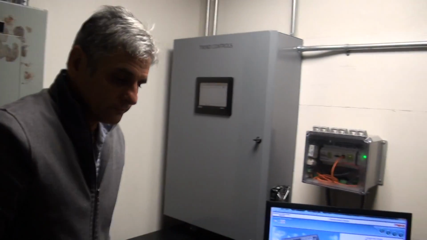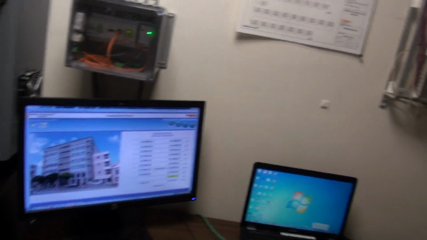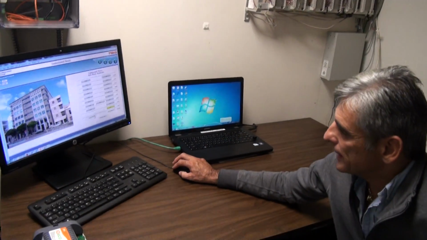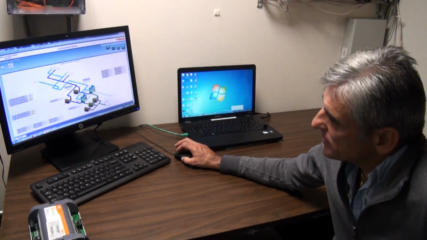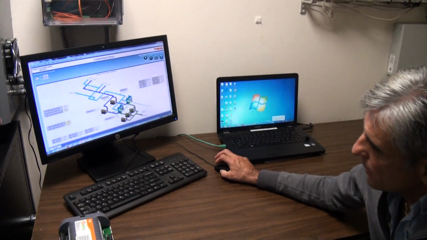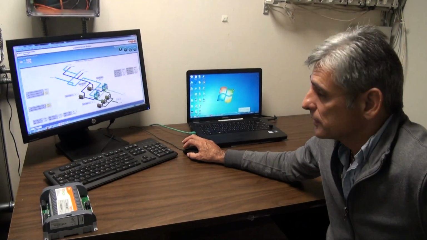What we've done here is we're also using what we call a BACnet. For instance, this system is another vendor's system. It's not Trend Controls.